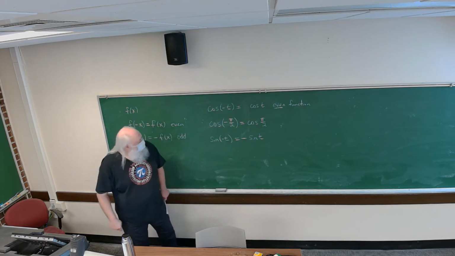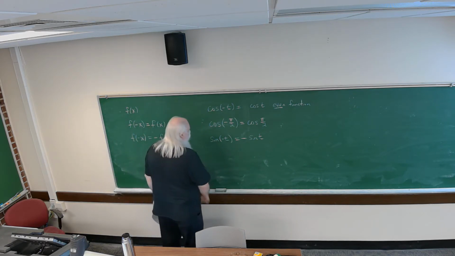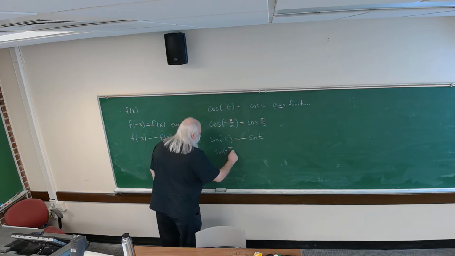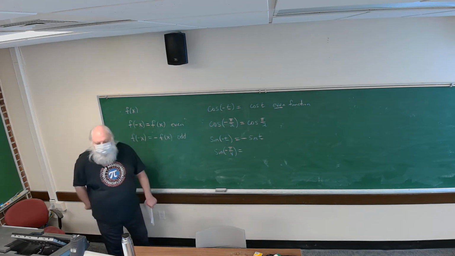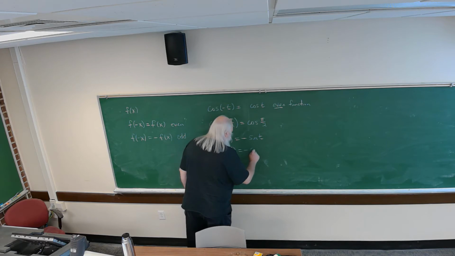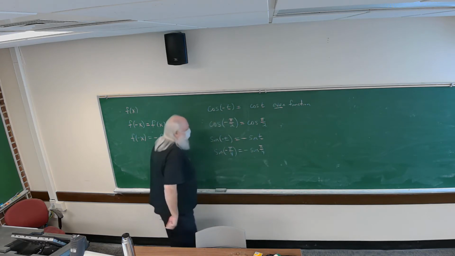So the sine of minus pi over 4 is equal to the negative, or minus 1, times the sine of plus pi over 4.